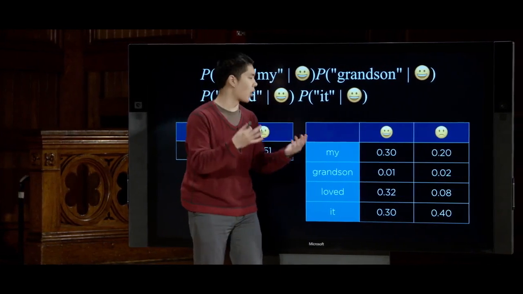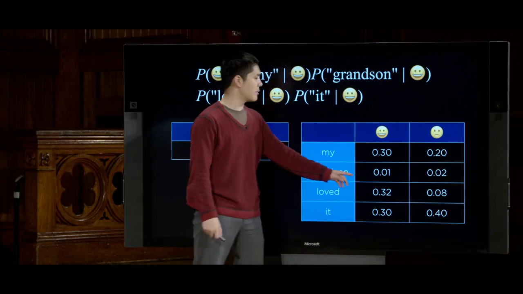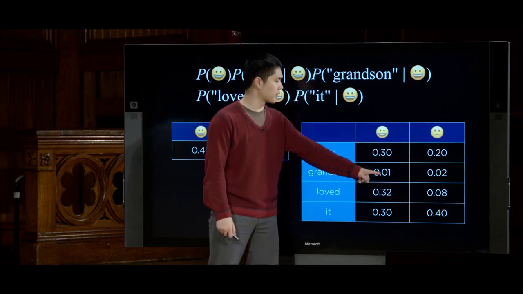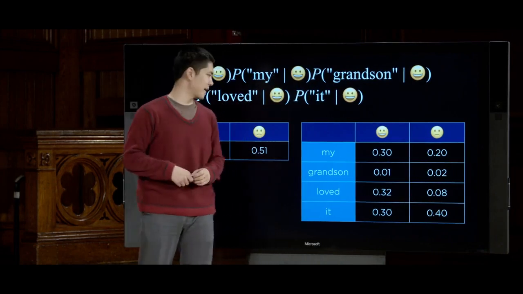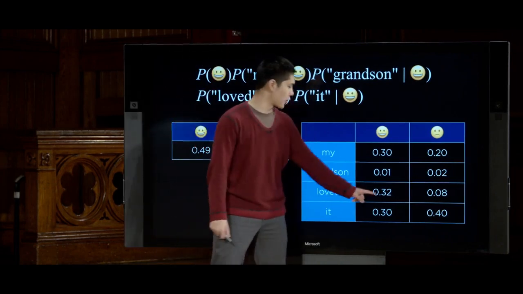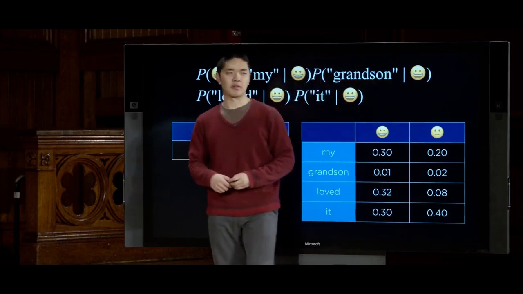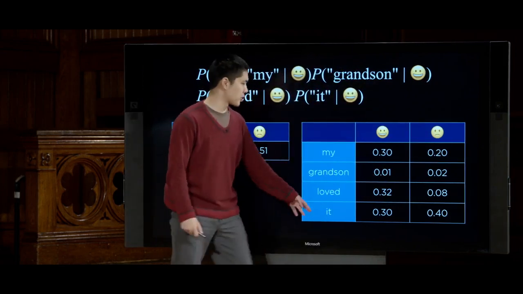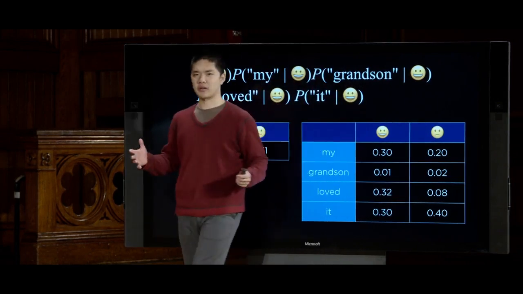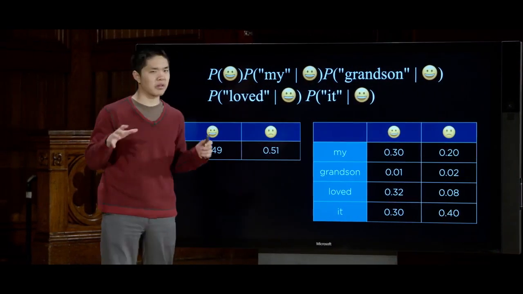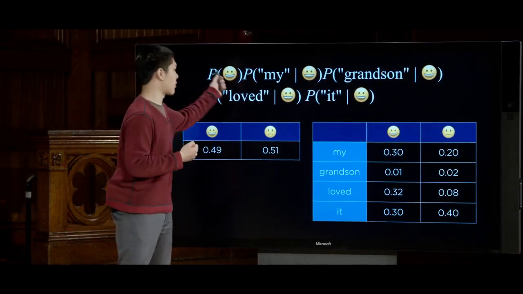Grandson, for example, showed up in 1% of all positive messages, and 2% of all negative messages had the word grandson in it. The word loved showed up in 32% of all positive messages, 8% of all negative messages. And the word it showed up in 30% of positive messages, 40% of negative messages. Again, just arbitrary data here, just for example. But now we have data with which we can begin to calculate this expression.